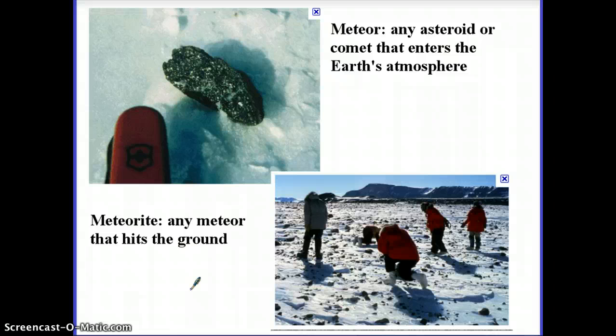Whereas in other locations, you might start eroding the meteors, you might start getting them contaminated with earth materials, and then it's harder to find them and confirm that they're meteorites. So the most common places to look for meteorites are places like Antarctica and various deserts. In the next lecture, we'll talk more about the effects of meteorites, how they burn up in the atmosphere, and what happens if they actually hit the ground.